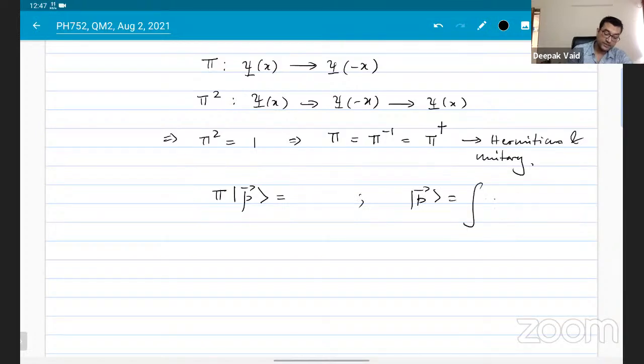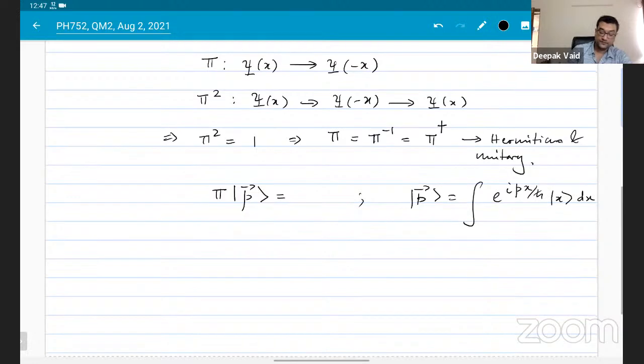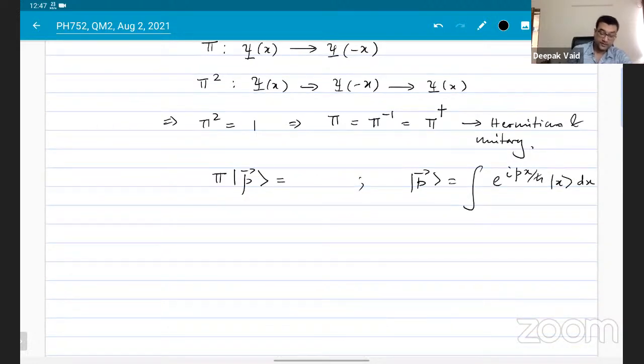In the position basis, you write it like this: e to the i p x by h bar, which is psi of x, the component of this momentum eigenstate in the position basis.